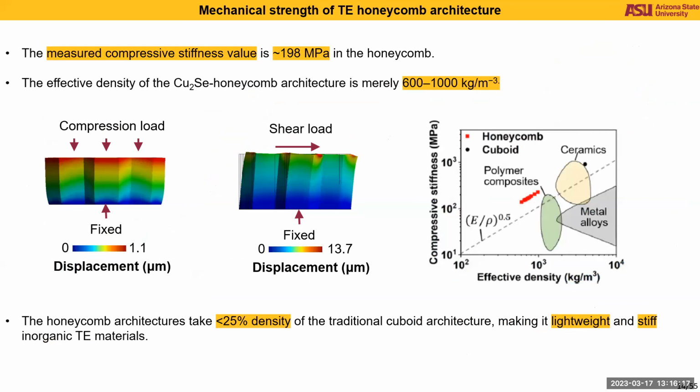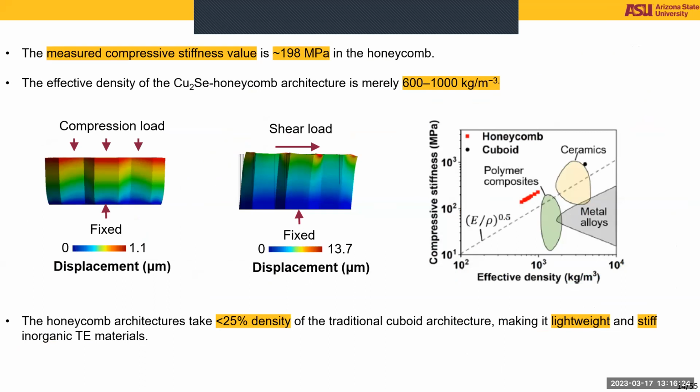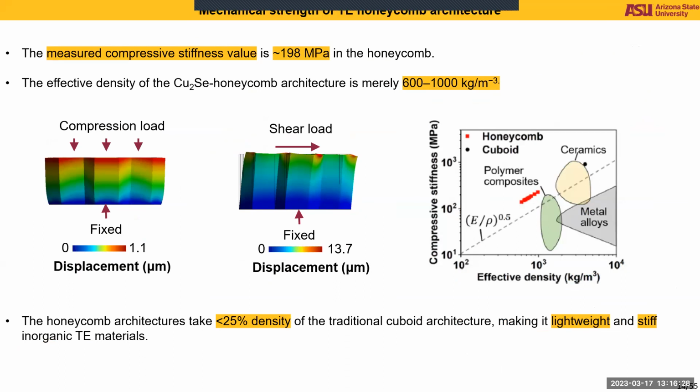We also used FEM to estimate the mechanical strength, which came out to be around 200 megapascals. And if you look at the Gibson-Ashby plot, when you reduce the effective densities, your compressive stiffness decreases by this relation, E over rho exponent 0.5.